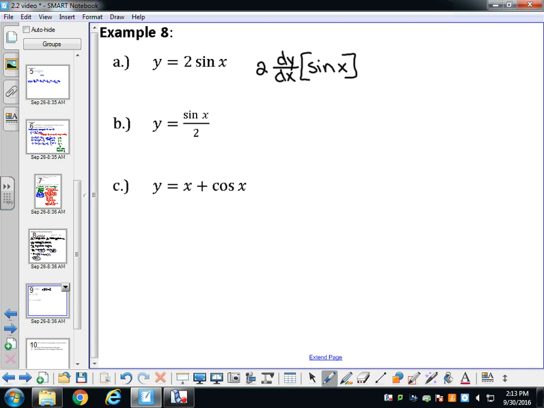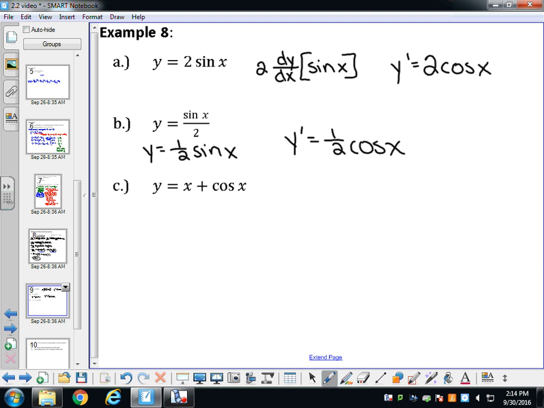So y prime is going to be 2, because that carries through, times cosine of x. In B, I might rewrite it so it's 1/2 sine of x. And again, I can use that constant rule and just say it's going to be 1/2 times the cosine of x.